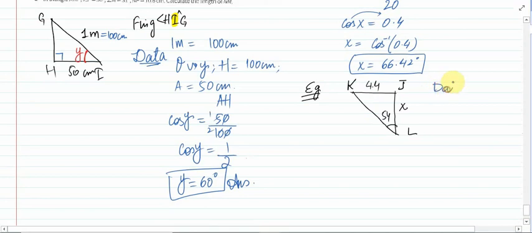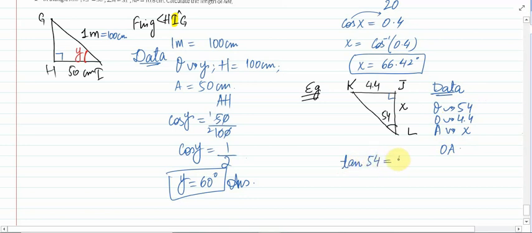Data. Which sides are known? First thing, angle is known, that is 54. Opposite is known, that is 4.4. And adjacent is unknown, that is X, right? Now O and A comes in tan. It will be tan angle 54. Opposite is 4.4 and adjacent is X. You need to make X the subject of the equation.